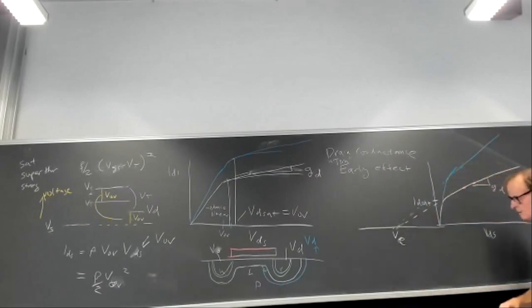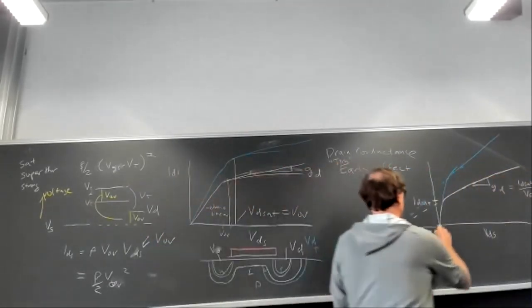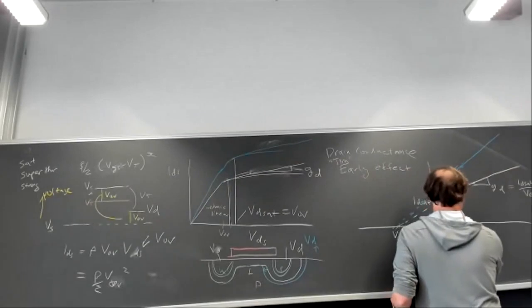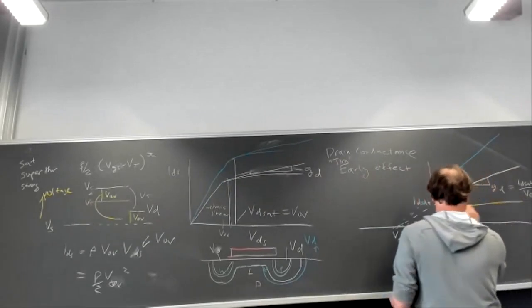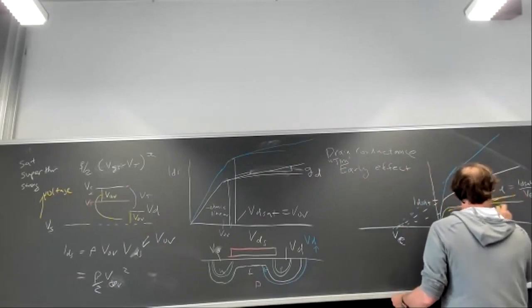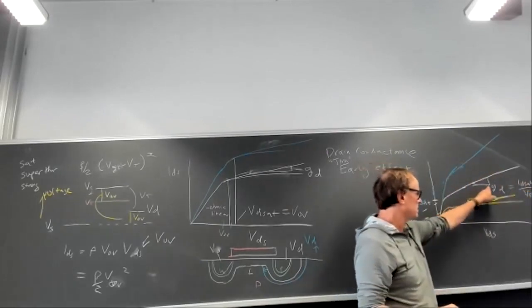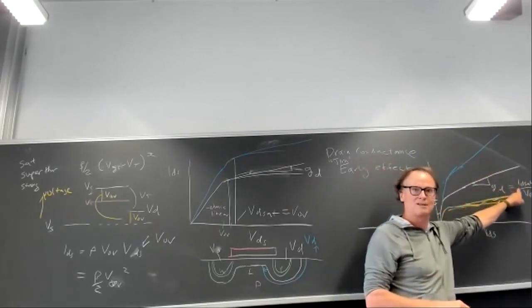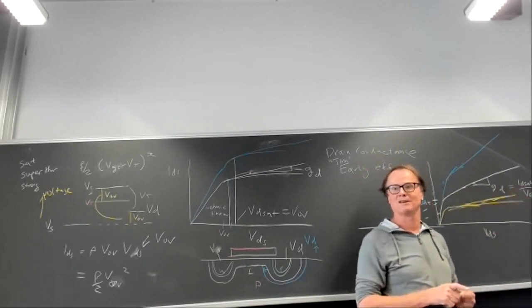If I make the current smaller by decreasing the gate voltage, then it gets flatter. It should actually have a slope like that. You see from this that this drain conductance is proportional to the saturation current. It's not a constant conductance. It's actually proportional to the current.